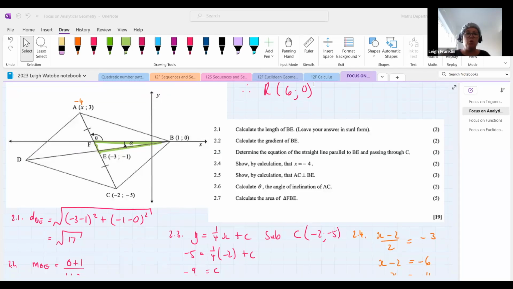Both methods will work in this particular question. I only wish that we had a bit more time, because maybe I can try and show you both. Let's go with half base times height first of all, because that's probably the one that is the most familiar to us.